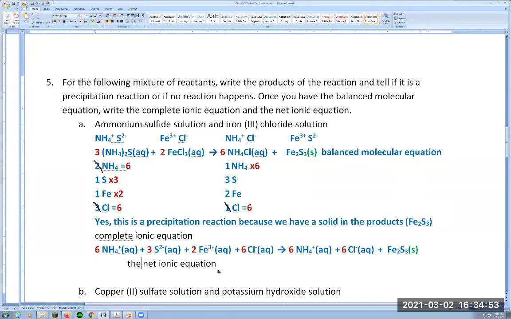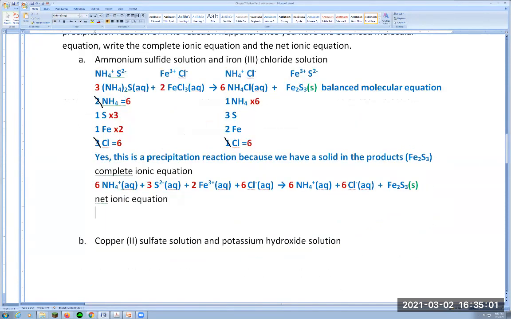So let's write the net ionic equation. To write the net ionic equation, you take your complete ionic equation and you cancel or remove what is the same on both sides of the arrow. So the arrow is here. So let's cancel or remove what's the same.